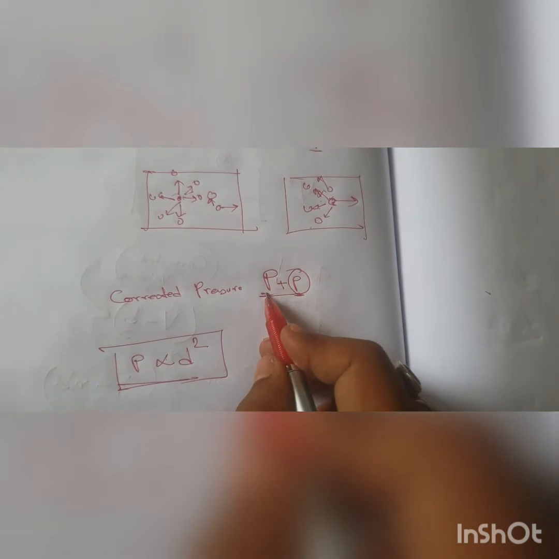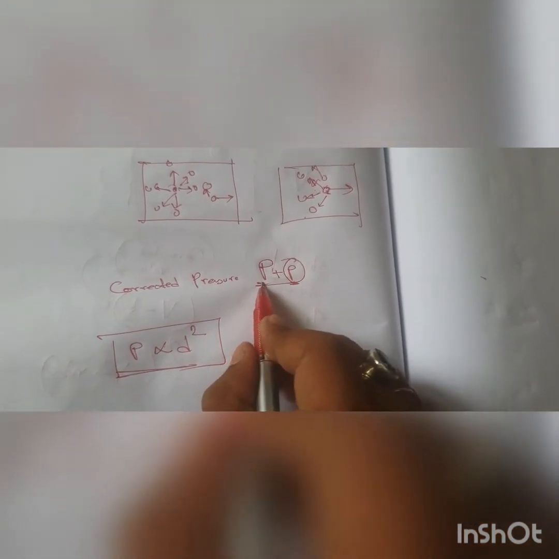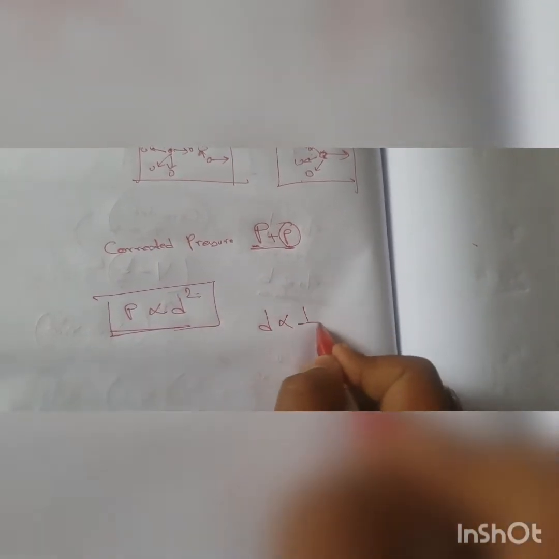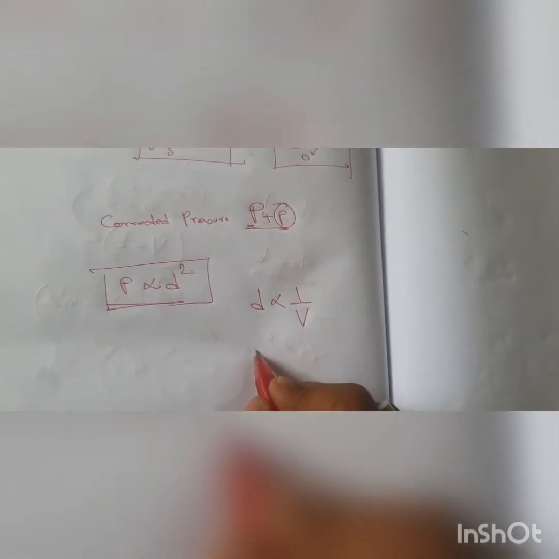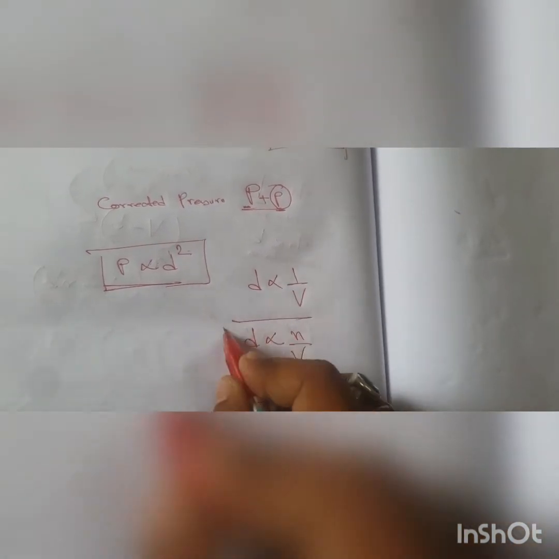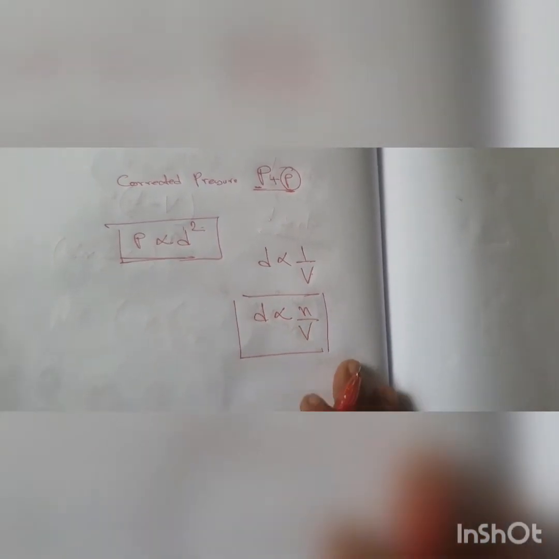Now the term p is directly proportional to d square. Now you know that d is inversely proportional to v. Again, for n moles of gas, d is proportional to n by v. Density is inversely proportional to volume, and density is proportional to n by volume for n moles of gas.